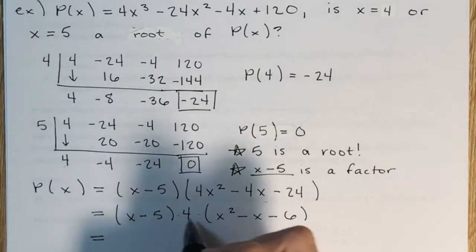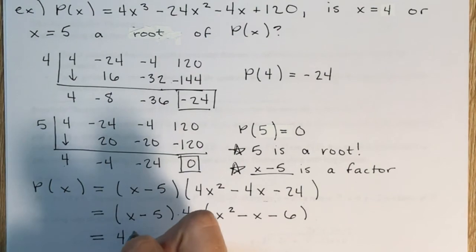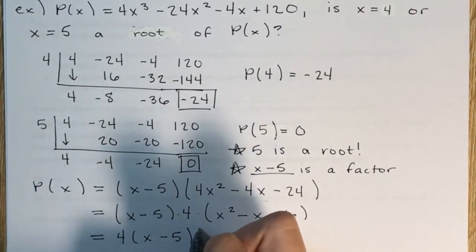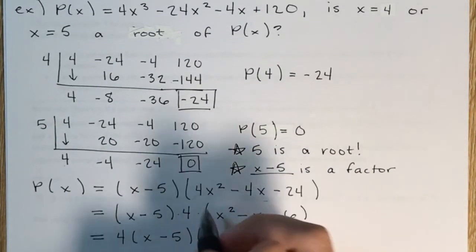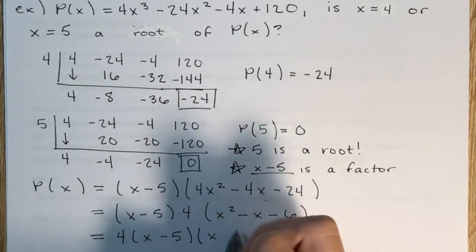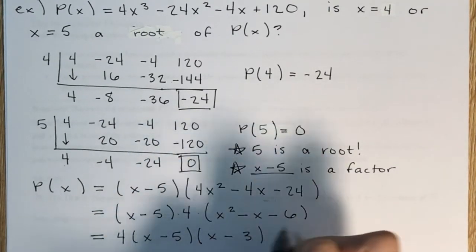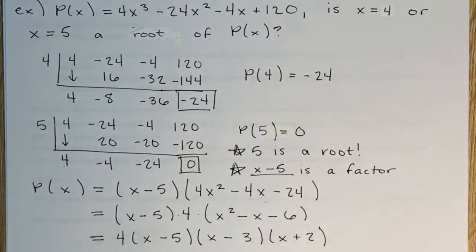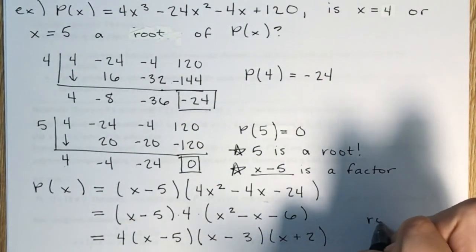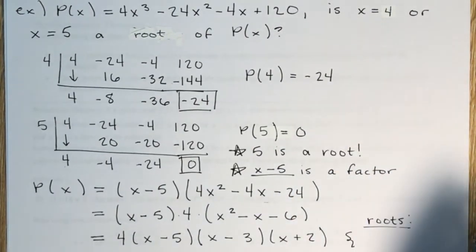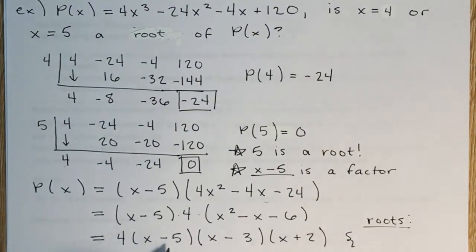Totally. I'm going to write this 4 out front just so that it looks more like what we're used to. So we have x minus 5, and then negative 3 and positive 2 would give us what we want, right? So negative 3, positive 2. That means that we have what roots for this function? Well, 5, 3, and negative 2.